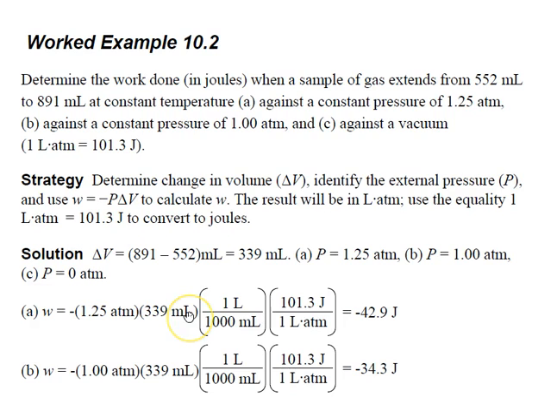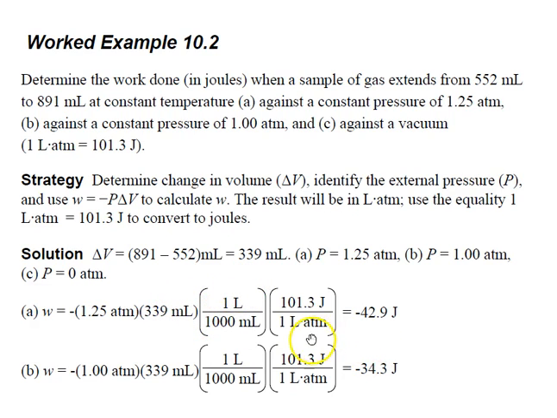This is atmospheres milliliters. If you want, go ahead and do an equal sign, multiply these two out, and then see your units are atmospheres milliliters. But we need to get our answer in joules, and we need liter atmospheres so that this will work out for joules. There's 1,000 milliliters in a liter, so that converts the milliliters right here.